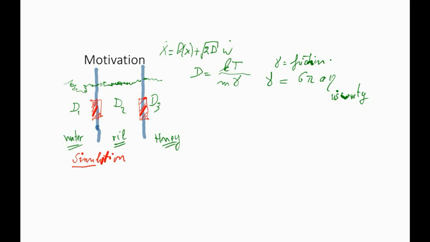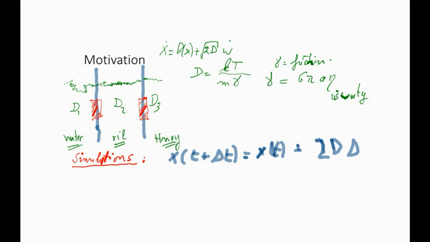In terms of simulation, we can use the classical Euler scheme, which says that x(t plus delta t) equals x(t) plus square root of 2D delta t, multiplied by a random variable.